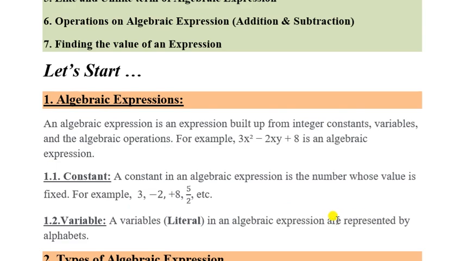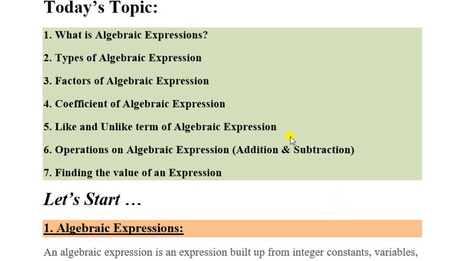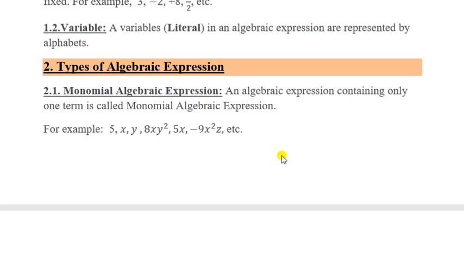Now next I would like to explain different types of algebraic expression. First we'll get monomial algebraic expression. You can identify from this given word, monomial, that means single term. So that's why it is written, an algebraic expression containing only one term. How many terms?